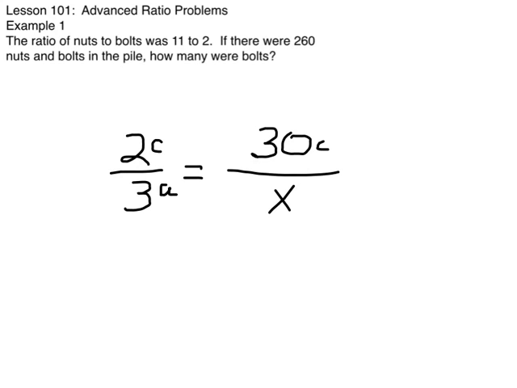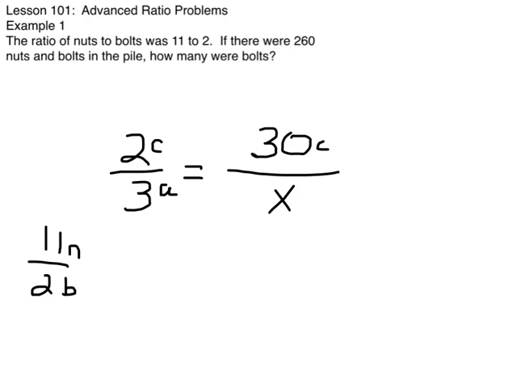But now you're going to have a little bit different. Let's look at how that's going to be different. Example 1 says the ratio of nuts to bolts was 11 to 2. Okay, 11 to 2, and that is nuts to bolts.